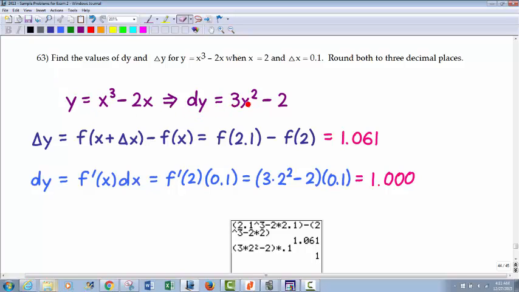But anyway, the 3x squared minus 2 is the derivative going in here for the f prime of x. In other words, this equals this part. So the dy is always on the left side. It's not going. That's the f prime part, 3x squared minus 2.